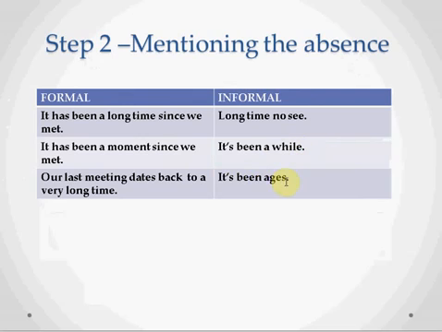If we're using the expression it's been ages, ages here means it's been a long, long, long time. So we can use all three expressions to let the other person know that we think that the time that has passed since we last met has been quite long.